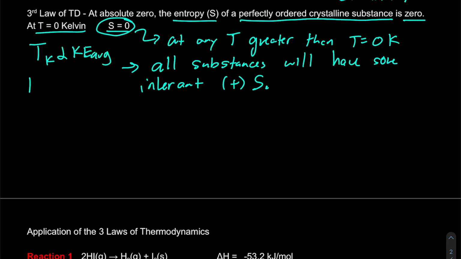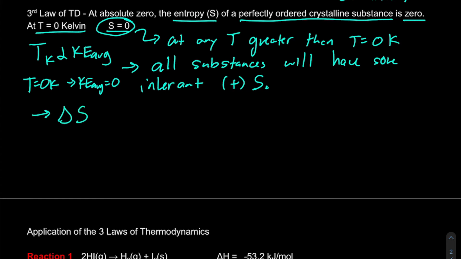So if our temperature is 0 Kelvin, that must mean our average kinetic energy is 0 as well. So we basically have no moving particles in this perfectly ordered crystalline substance, and therefore the entropy would be 0.